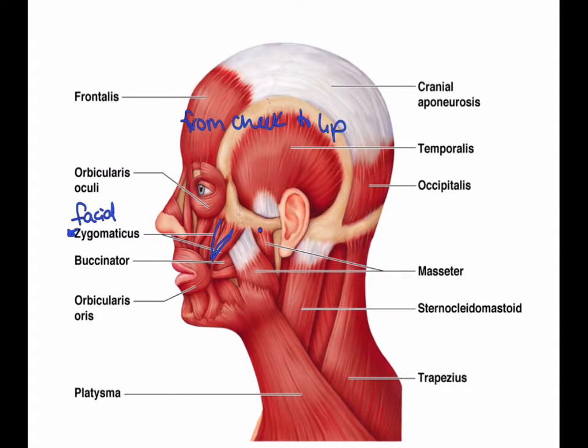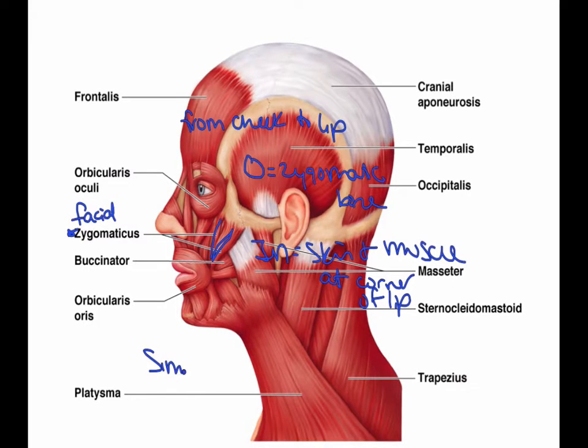And then the origin is the zygomatic bone. And then the insertion is going to be the skin and muscle at the corner of your lip. And then let's see, primary action. So it's going to help you to smile and raises the corners of your mouth.